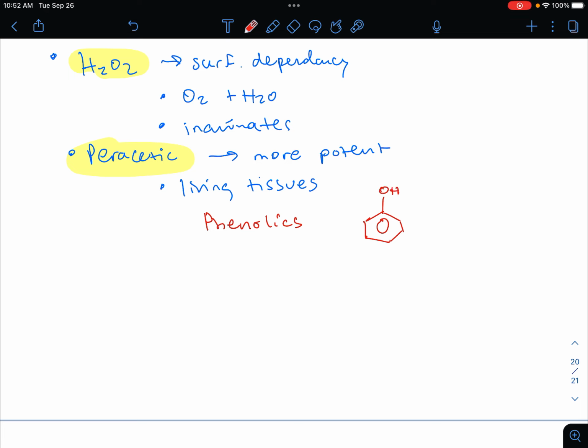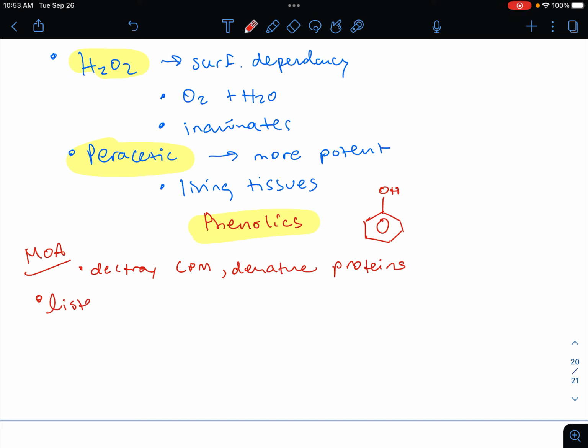The hydrogen at position 1 is replaced by an OH. The mode of action would be to destroy the cytoplasmic membrane, as well as denature proteins.